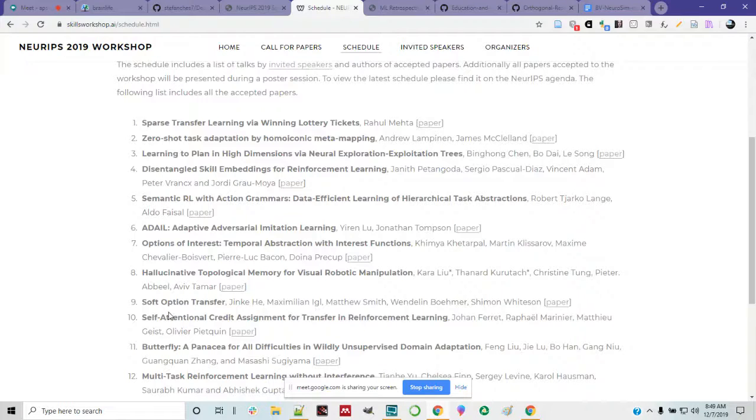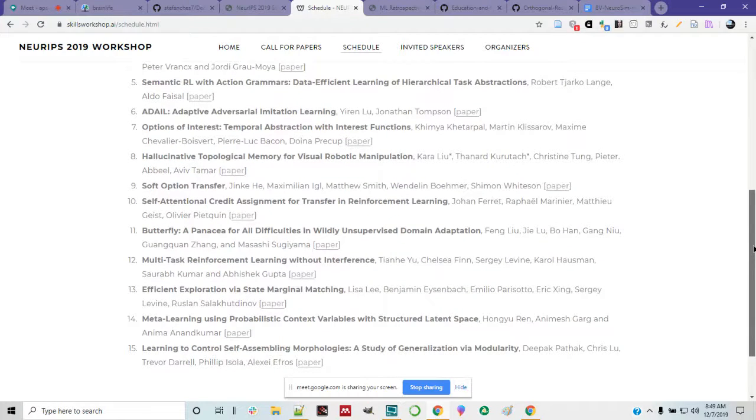They're looking at different topics like credit assignment and skill embeddings. I'm just going through the titles here, but I wanted to bring your attention to that. Then they have links to the papers so you can read a bit on that. I'd encourage you to look through some of the papers just to get a sense of what's going on.